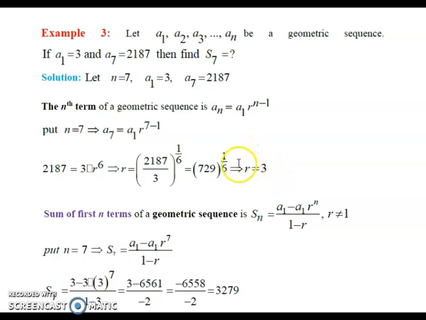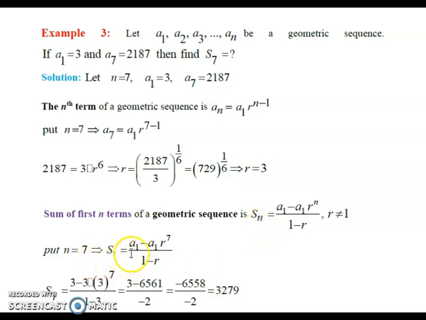Now we know the common ratio and the first term, so we can find the sum of n terms of a geometric sequence. Sn is equal to a1 minus a1 r power n divided by 1 minus r. Put n equal to 7.